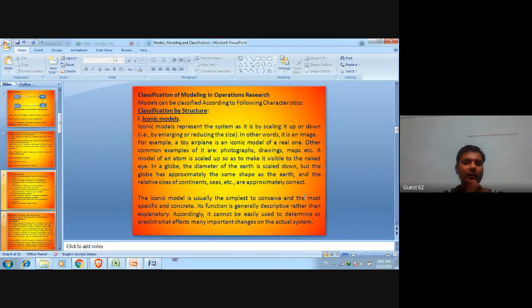Actually, the classifications of models are based on different assumptions, such as model according to structure, model according to nature of environment, model according to behavior, model according to use of digital computers. So there are so many types of models. But I think we don't have time now.